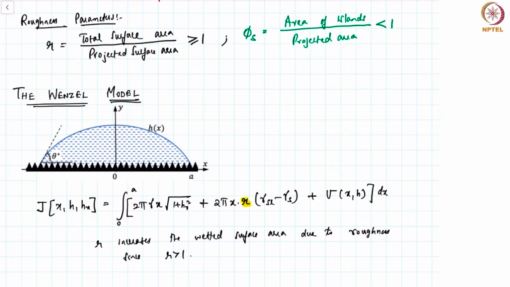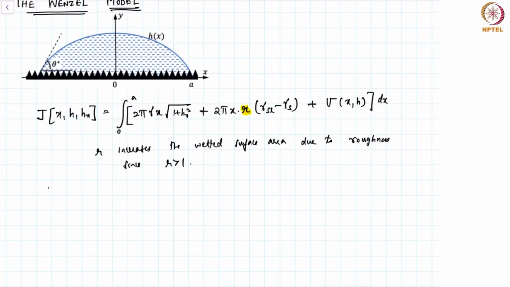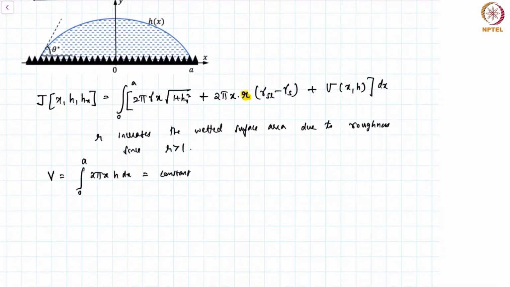And if we continue this analysis, we can again impose the same volume constraint. The volume constraint would be the integral from 0 to a of 2 pi x h dx is constant, and we now have J, which is a function of x, h and hx, simply going to be an integral from 0 to a of f.